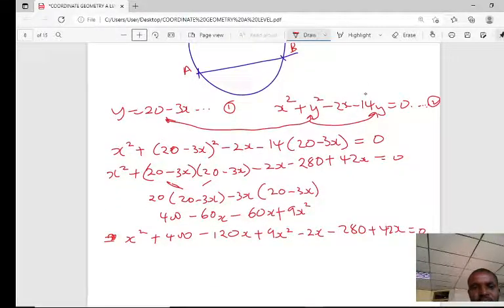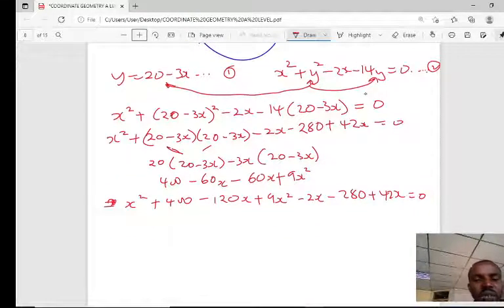Right, now let's simplify. We have 9x squared and x squared, you get 10x squared. Right, then on the x side, what do we have? Minus 120 minus 2x plus 42.